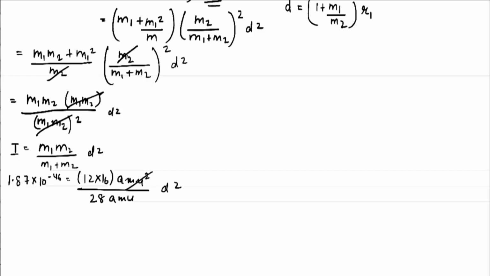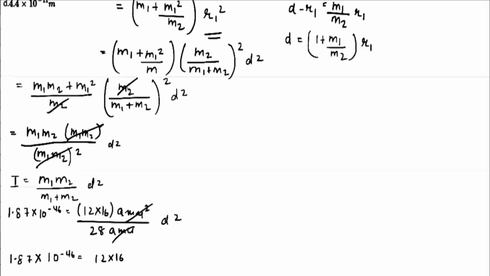We can cancel this 1 AMU, that will be 1.87 into 10 to the power minus 46 is equal to 12 into 16. Now we are left with 1 AMU.